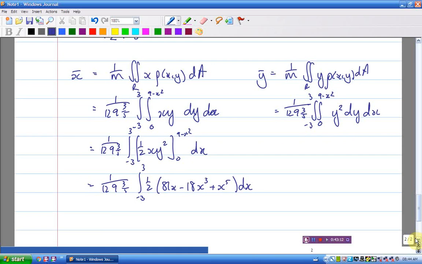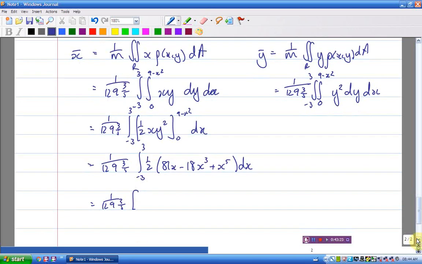Now we really are going to have cancelling out when we get to the next stage. I'm just going to integrate with respect to x. I'm dividing by 2, so it's 81 over 4 x squared, plus divide by 5, so it's 10.